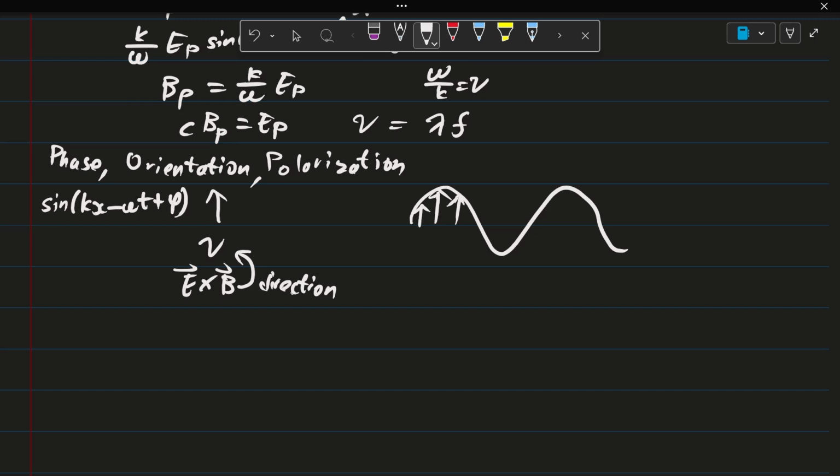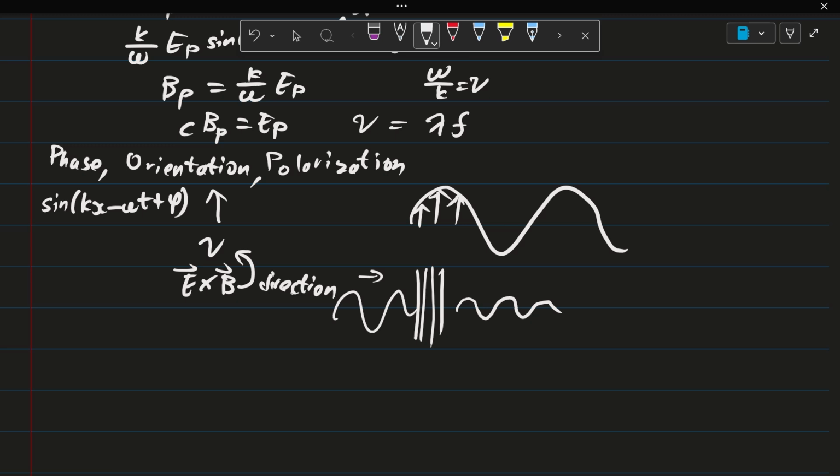And why is this important? If you put, let's say, a polarizer, and then there's a wave going through, it will diminish the wave so that it is traveling within the correct polarization.